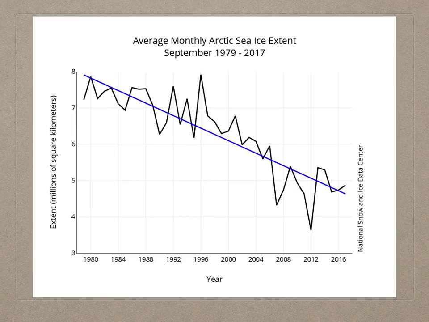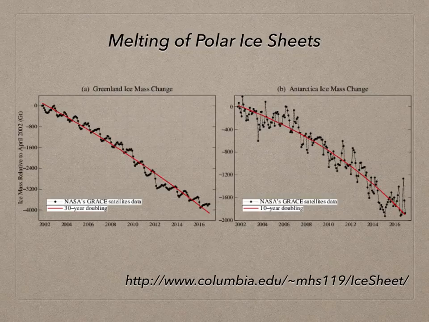It's not just the sea ice that's melting. Of course, the sea ice floats on top of the ocean, and when it melts, it has little effect on sea level. But the other thing that's melting are the polar ice sheets over Greenland and Antarctica. And these two figures show the ice mass change in Greenland from 2002 to present, and Antarctica ice mass change from 2002 to present.